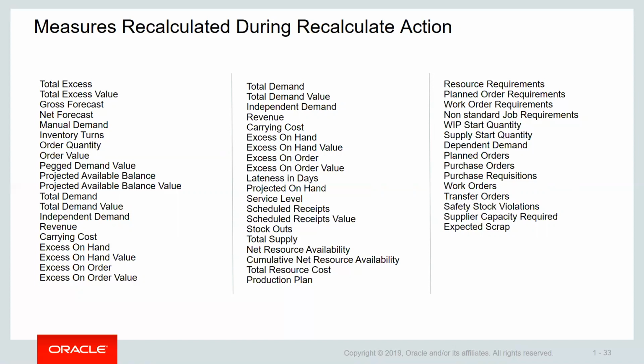Another example is this. When a user chooses an alternate resource for a resource requirement, the resource-related planning measures, such as resource requirements and resource utilization percentage, are updated for both the old and the new resource.